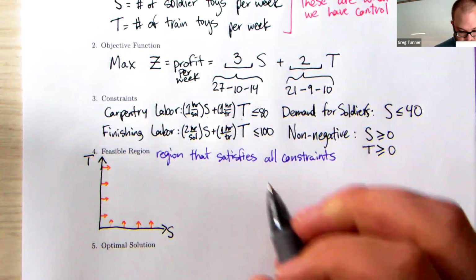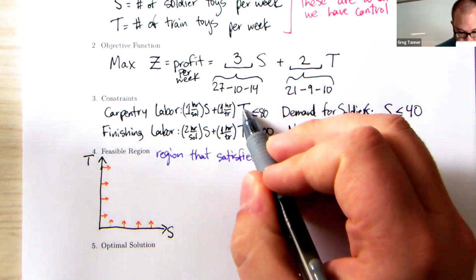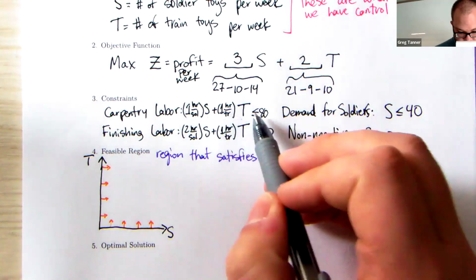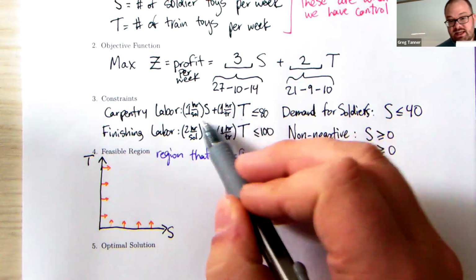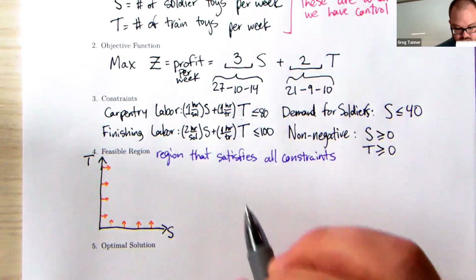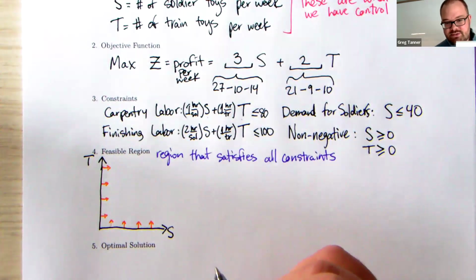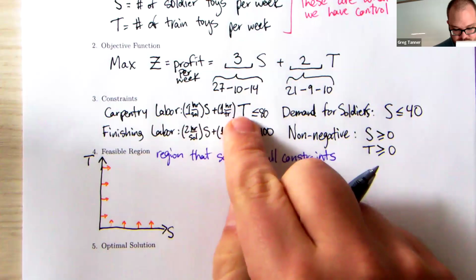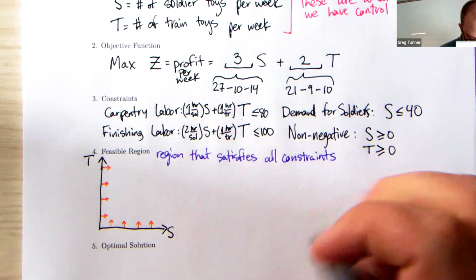The trick for graphing inequalities is graph them as equalities and then decide which side of the line you want to be on. And so if I plug in t equals 0, then s has to be 80.